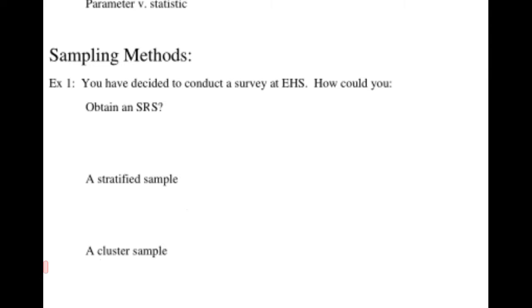Then we'll randomly select students using a random number table or generating random numbers with technology, until we have an appropriate sample size. Maybe we want to sample 100 to get a good idea. So we would number every kid 1 through 2,000 and randomly select 100 people. If we get a repeated number, we just ignore it and get another number. And then those are the people that we would survey.